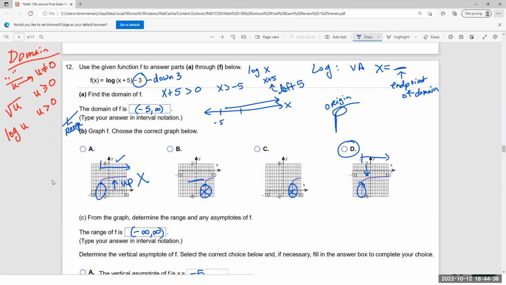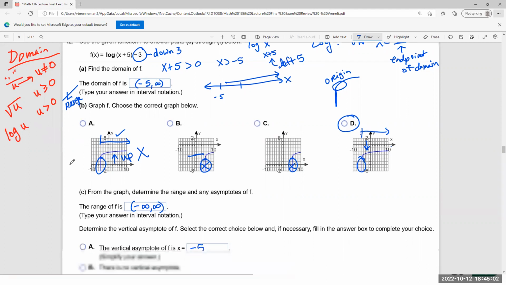The graph gets reflected relative to the line y equals x. So kind of the y and the x switch places or flip. So it's going to have, instead of a vertical piece, a horizontal piece.